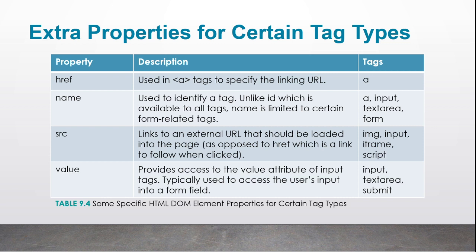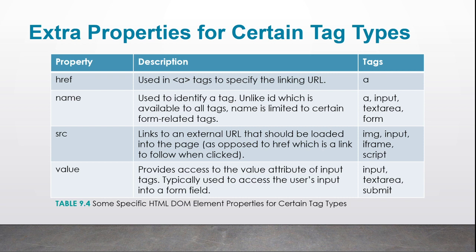Iframes are where you basically take another website page and put it into your page. It's a page within a page. That's how, if you have to embed a form or embed a YouTube video, a lot of them are using iframes. And then scripts, go out and grab the script and load it.